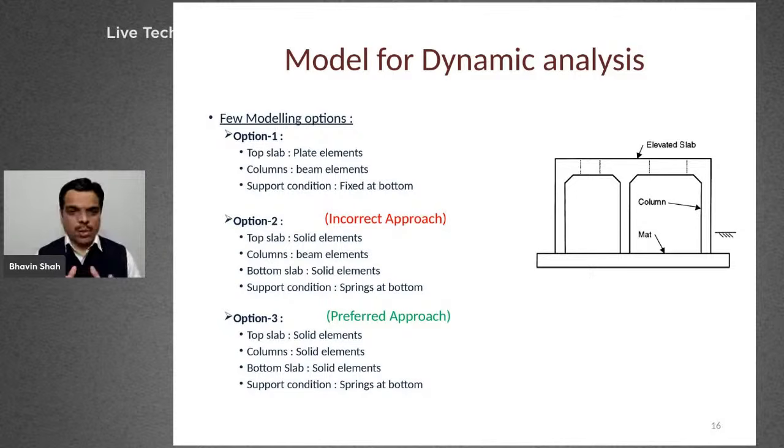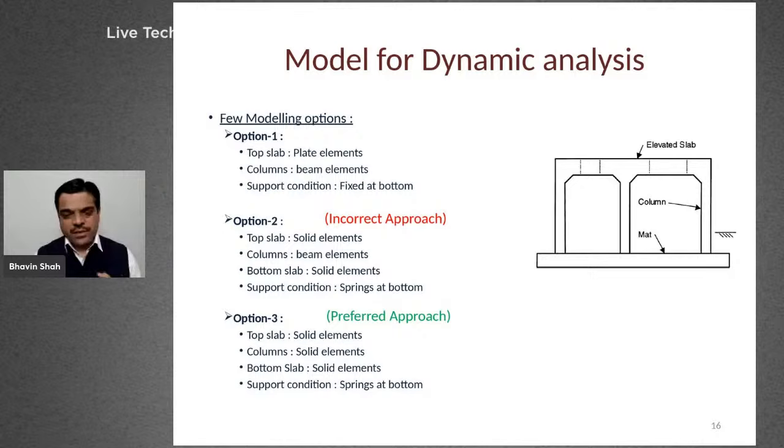Second, when we compare option number 3 to option number 1, after working out several examples, I have seen that in option number 3 we get a higher natural frequency in the first mode. What is the reason?